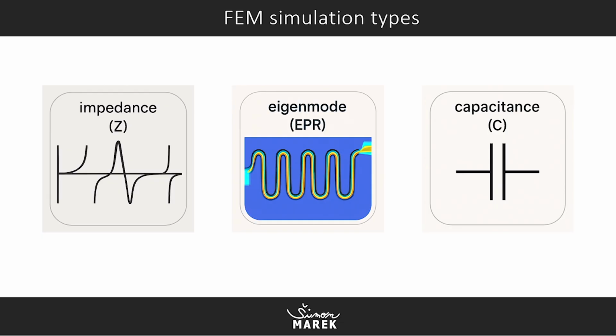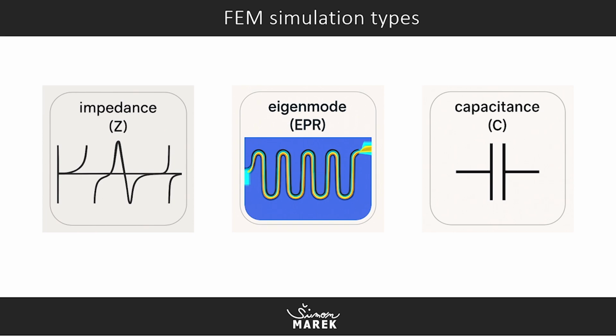And then we can do capacitance extraction, which is very good for finding the capacitances of our qubit, a very powerful thing, or we can also use it for the capacitance of our substrate.